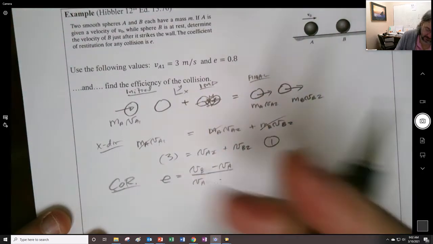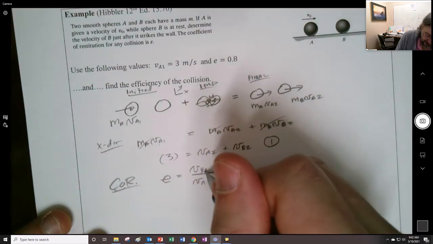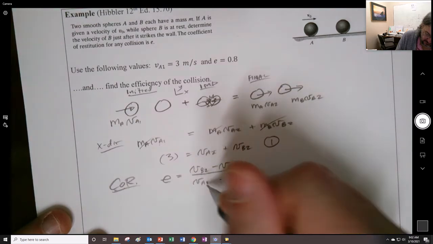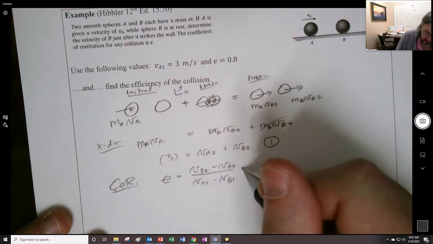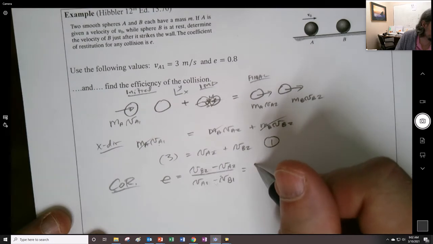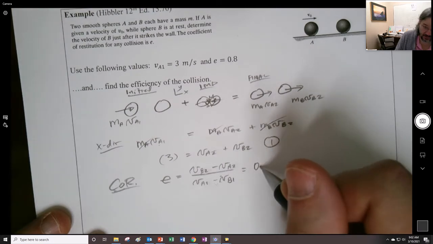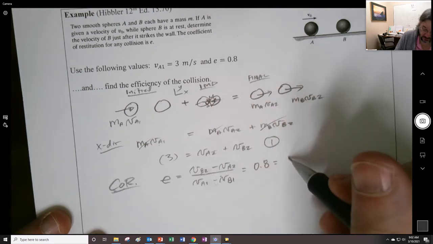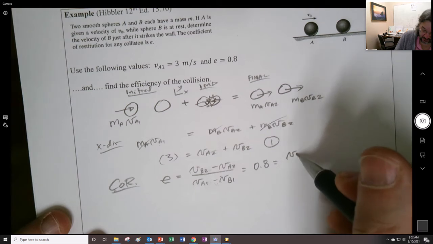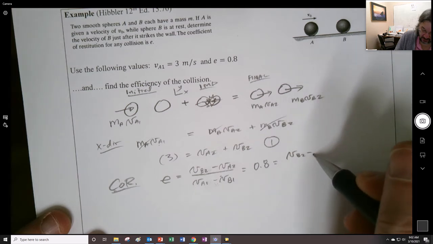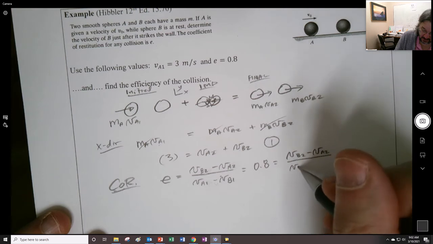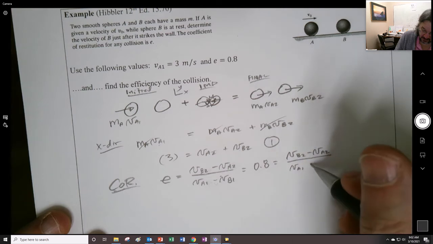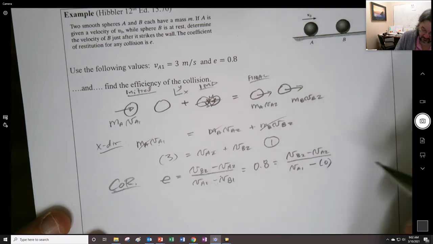It's the relative velocity after on top. Okay, and we know that we decided that's going to be 0.8. So we have VB2 minus VA2 divided by VA1, but this is 0 right here, right?